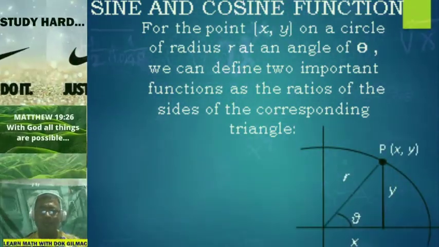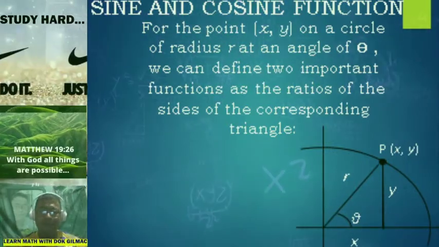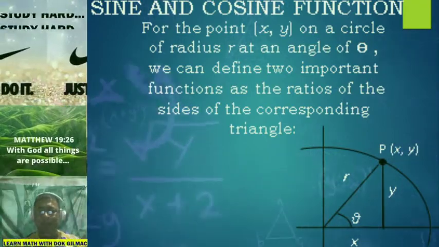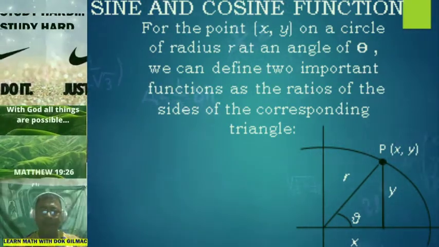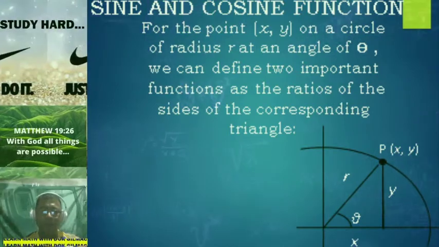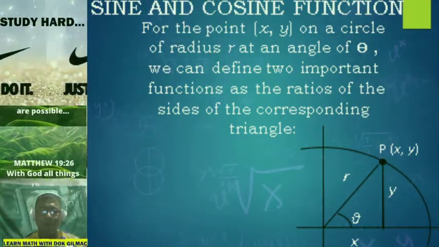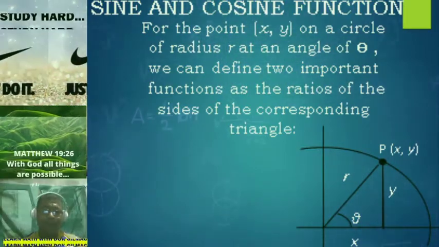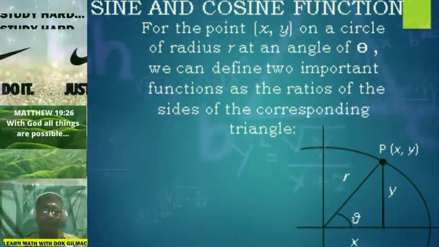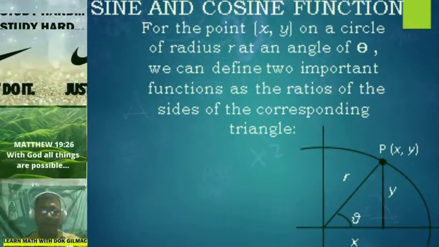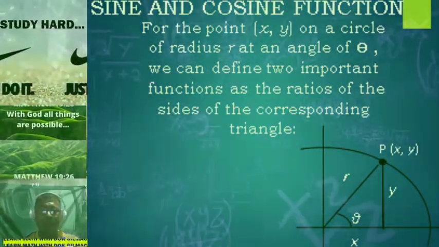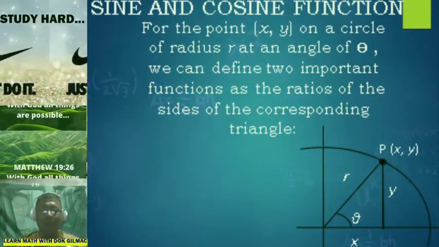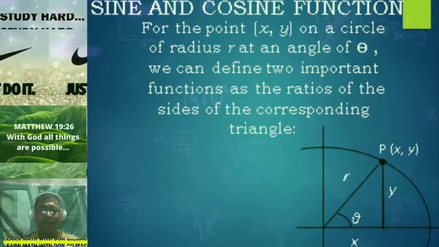So as you can see here, class, from the reference angle, we actually have here the radius r, and the distance from the x-axis to the point P is simply y, and the distance from the origin to the line perpendicular on point P is simply x. So from here, we can actually define sine and cosine function.